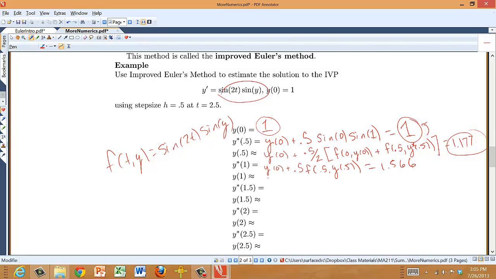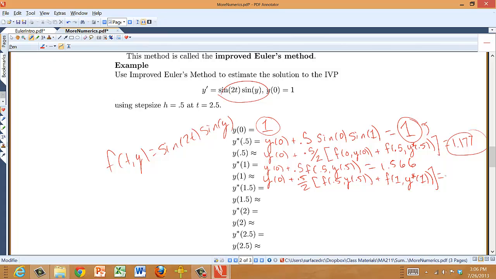I can correct that estimate using the improved Euler's method. This is y at 0 plus 0.5 over 2 times f at 0.5 comma y at 0.5 plus f at 1 comma my old estimate of y at 1.